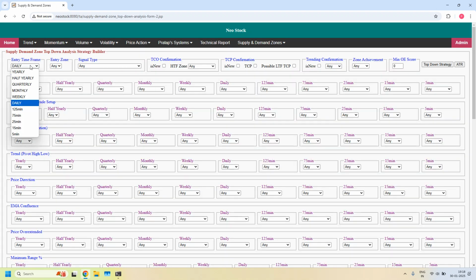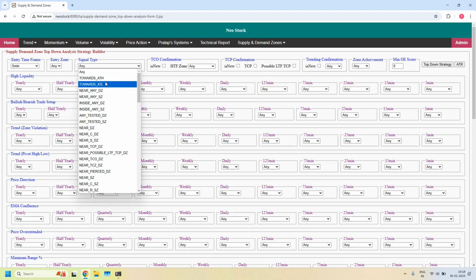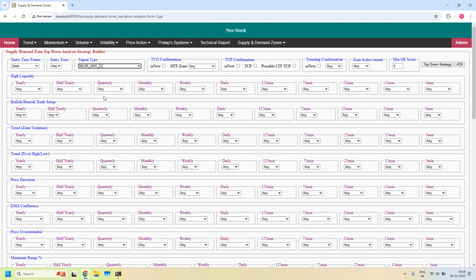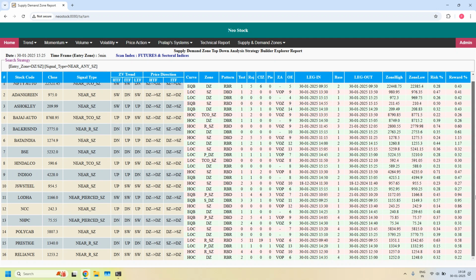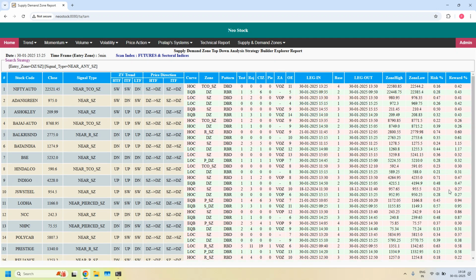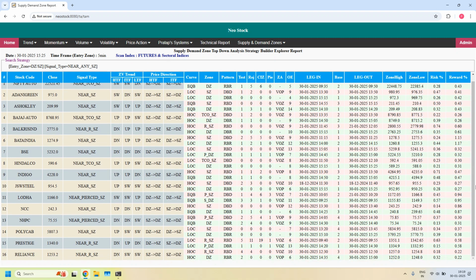Okay, next for 5 minutes time frame, stocks near 5 minutes supply zone, we got 16 stocks. First 15 stocks in the list. Scrolling the list down.